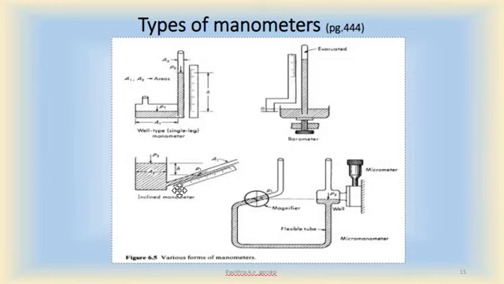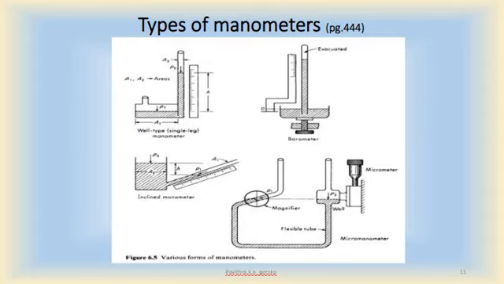So this is the inclined manometer, and the next one, the micromanometer. The accurate measurement of extremely small pressure differences is accomplished by the micromanometer. This is actually a variation of the inclined manometer principle. The principle is almost the same, with only a small difference.